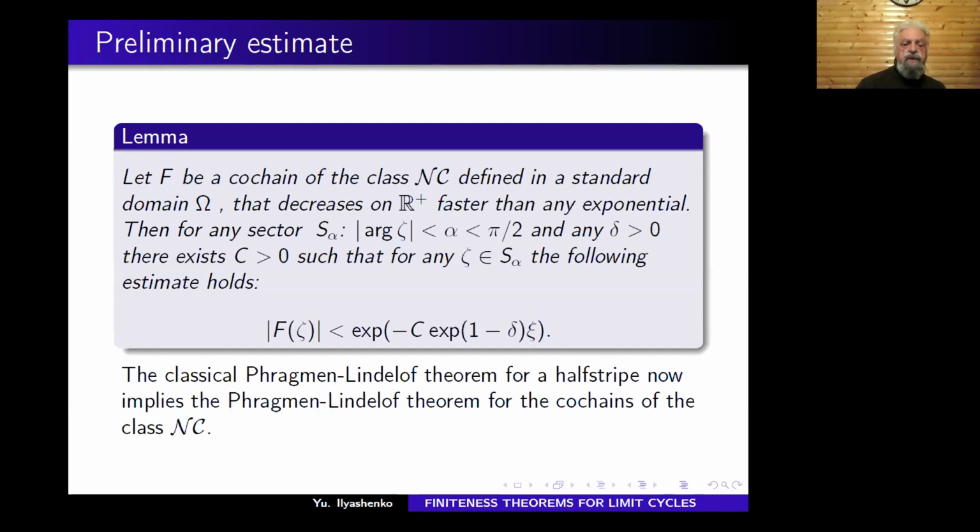This component is defined in a strip which is strictly wider than pi, and the classical Phragmen-Lindelof theorem says that if in a strip that is strictly wider than pi, the holomorphic function decreases doubly exponentially as it is written here, then this function is identically 0. So this is applied to the upper component of F, and we are done.